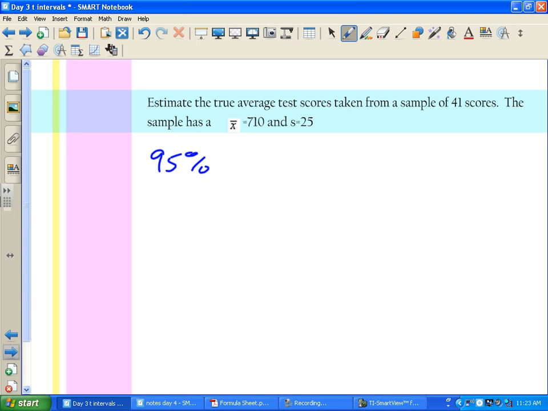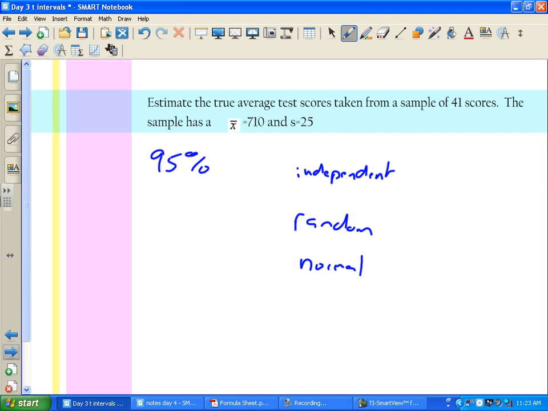Conditions here. We now need to satisfy our three conditions. Let's see, and that's independent, random, and normal. Well, is normality okay here? Yeah.